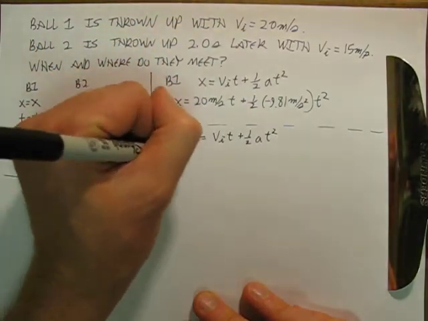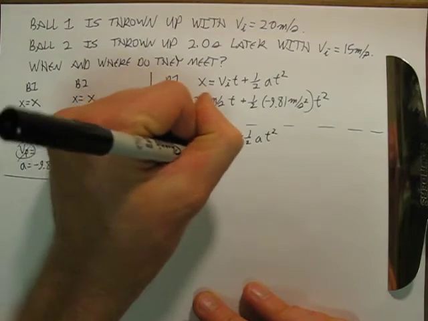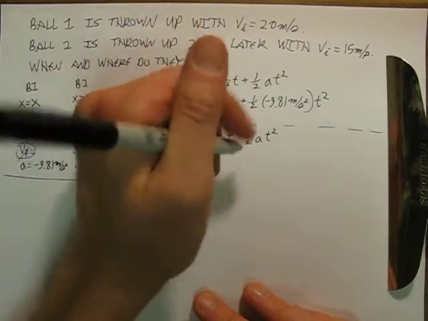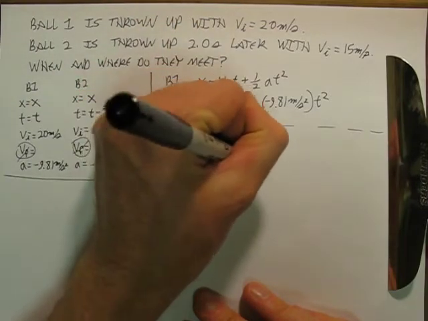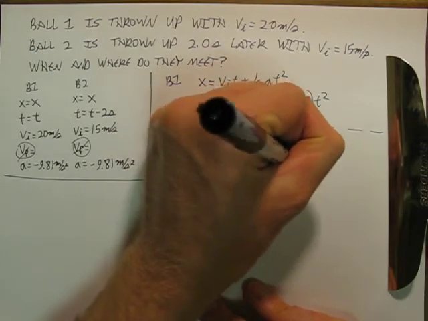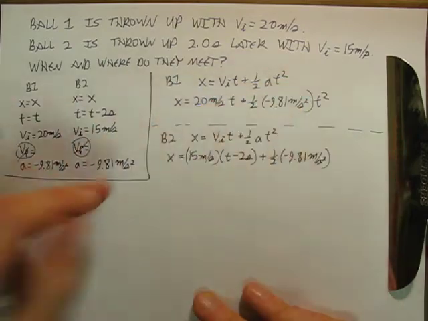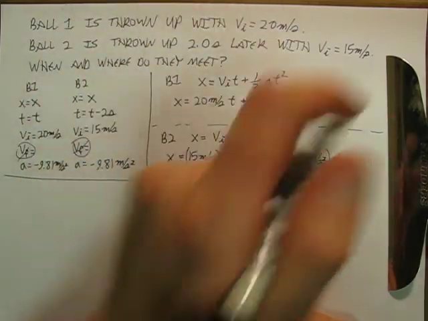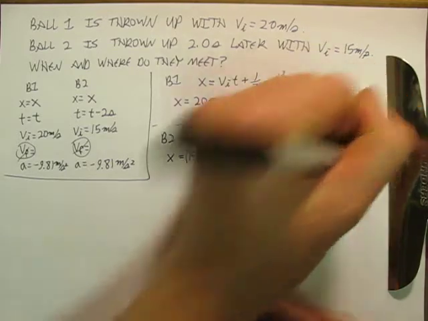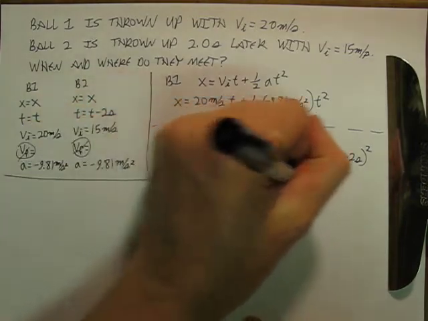So now X is going to be 15 meters per second. T is going to be T minus 2 seconds. This is going to remain the same for a second here. And then again T, instead of T, it's going to be T minus 2 seconds squared.